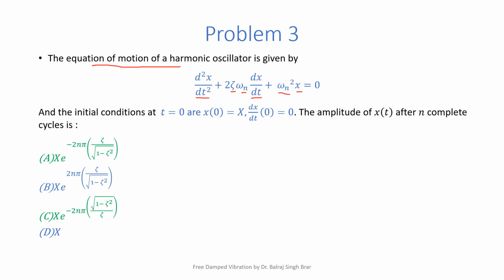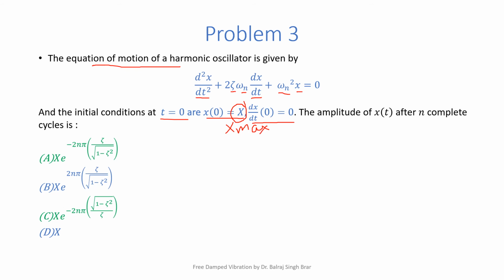Initial conditions are given at time is equal to 0. Initial displacement is capital X and velocity at time is equal to 0 is 0. It simply means that at the start of the time, the system is at one of the extreme positions and the amplitude X is the maximum amplitude of the vibration.